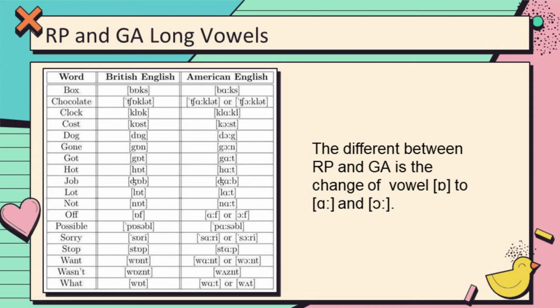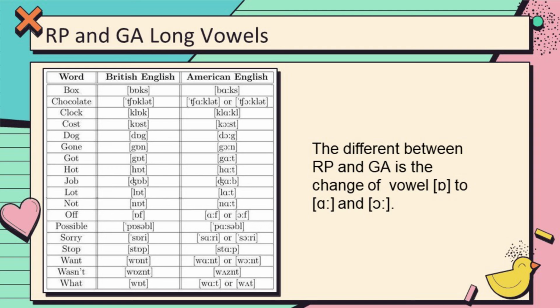There are some words with two different pronunciations. The first pronunciation is in British English, or RP, and the second is American English, or GA. The difference between RP and GA is the change of vowel symbol. I'm not going to explain all of it, but I'll give one example.